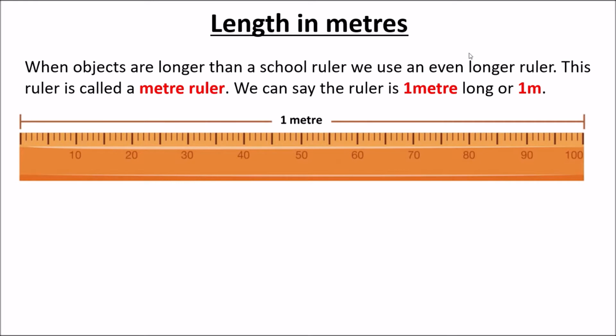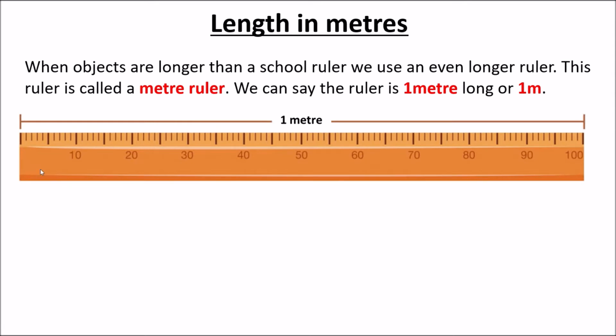This ruler is called a meter ruler. We can say the ruler is 1 meter long, or 1 m. M is for meter.